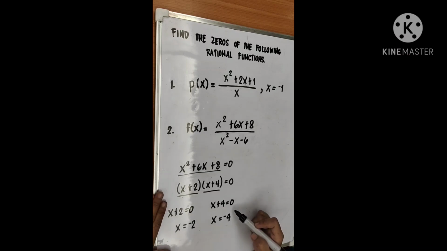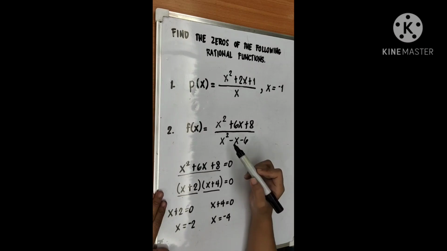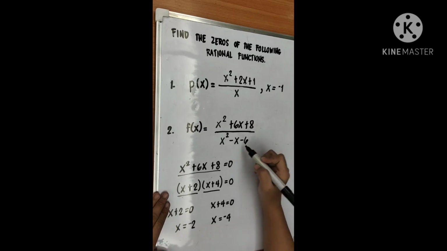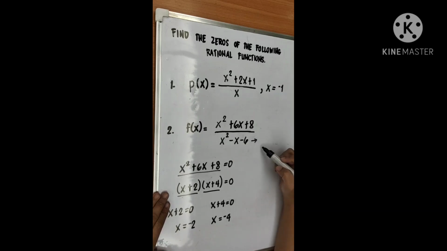But in this case, we need to be very careful because considering our denominator, where we get our restriction in our domain, it shows that our denominator has the factors x minus 3 and x plus 2. So getting the restrictions in the domain, we have x is equal to 3 and x is equal to negative 2.